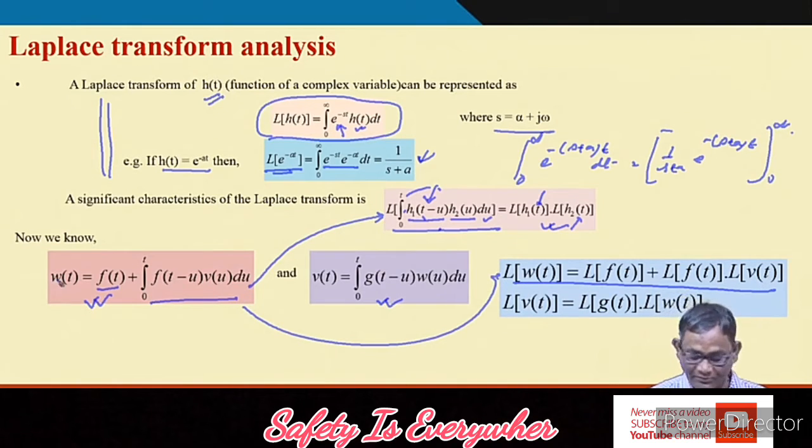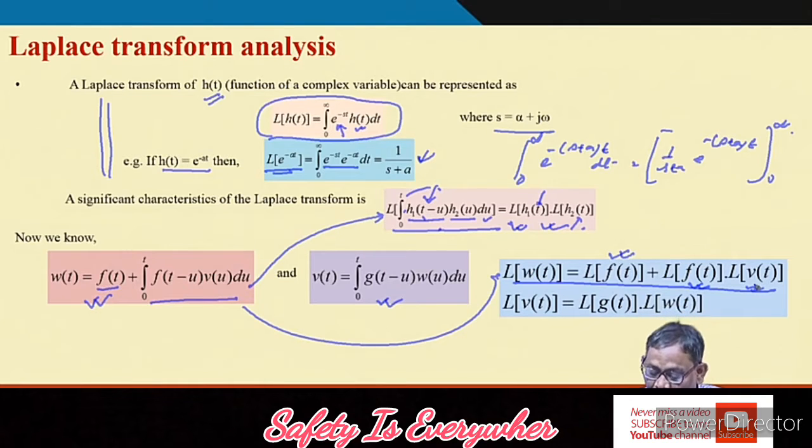So, the Laplace of Wt will be the Laplace of ft, that is the first part. But the second part is the Laplace of the integral from 0 to t, the integration of this. Now, we will rely on this equation. So, f(t minus u) becomes ft and v(u) du becomes vt.